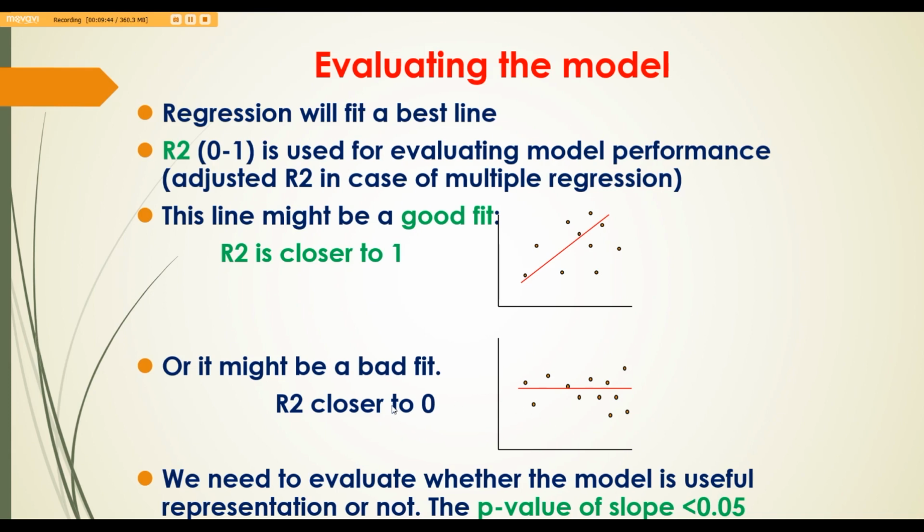Now if we want to evaluate how useful the model is, then we will look at things like the p-values of the slope and the intercept to get the final equation. And if the p-value of the slope is less than 0.05, then we can say that the x variable, the predictor or the predictors, have a significant effect on y, and then the value of the coefficient acquires some meaning.